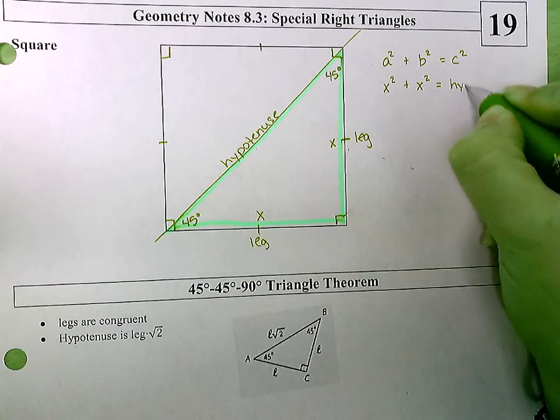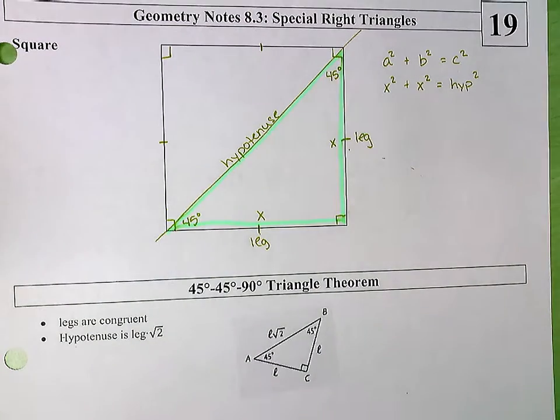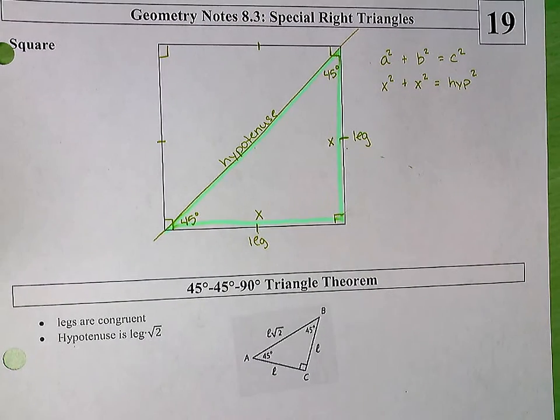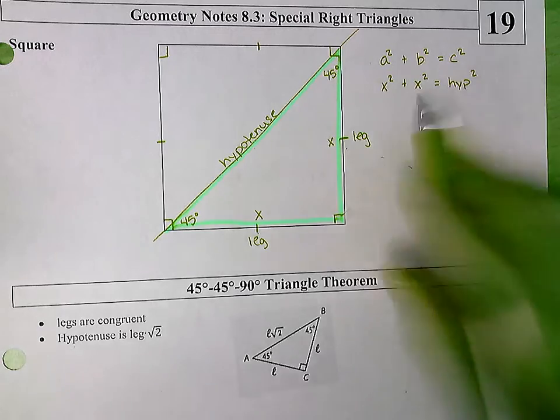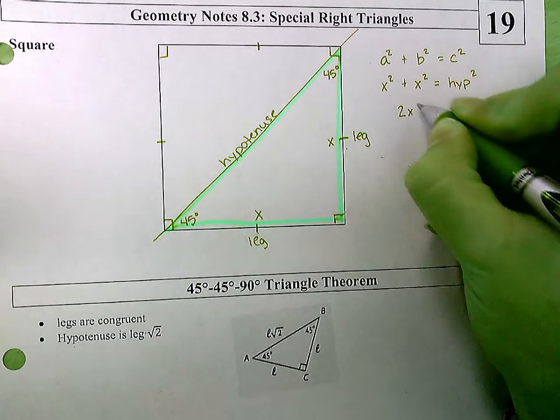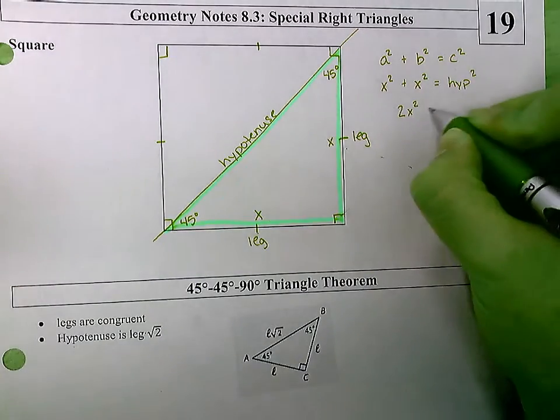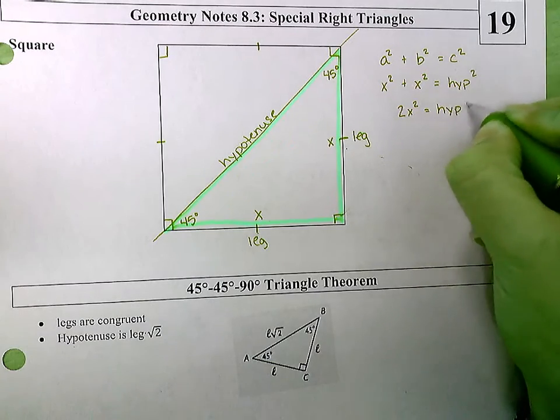I'm going to abbreviate hypotenuse because I don't want to write the whole thing. Relax, you'll understand why. From here, I'm going to combine like terms. x squared plus x squared is 2x squared, which is equal to the hypotenuse squared.